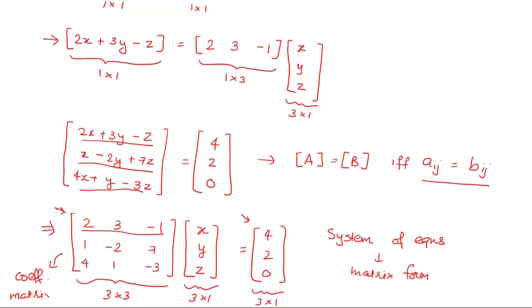These two matrices are simply just the numbers. And once we have numbers, we can code it into a computer program.